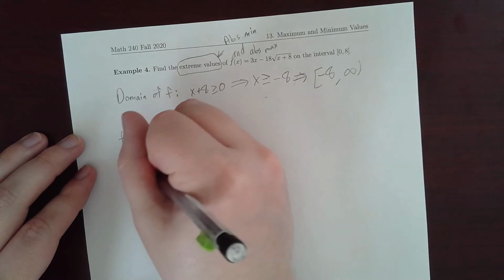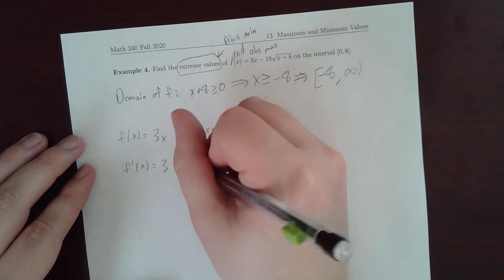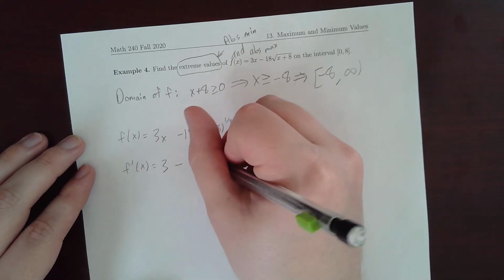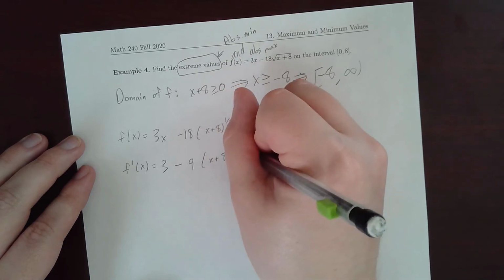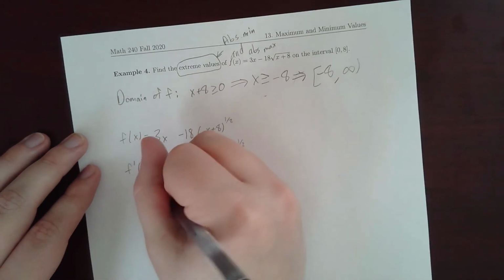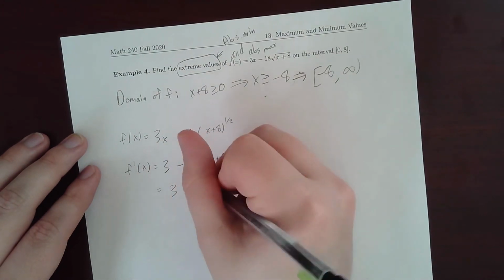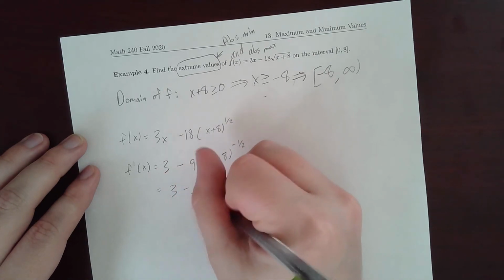So I'll just show us what we end up getting for the derivative. It'll be 3 minus 9 times (x plus 8) to the negative 1/2 times 1. Or in other words, 3 minus 9 over the square root of x plus 8.